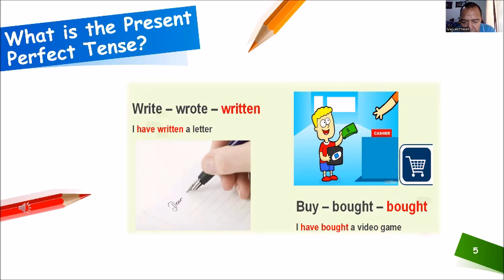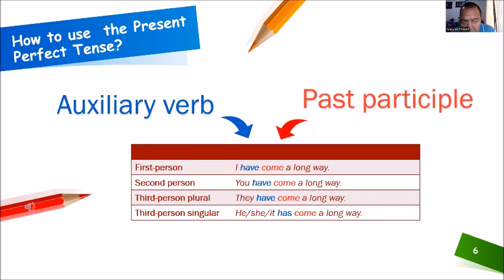Look at these examples. I have written a letter. I have bought a video game. In the present perfect tense, the main verbs always use the auxiliary verbs has or have. The main verb takes a participle form, specifically the past participle.